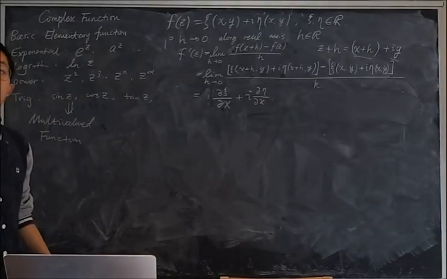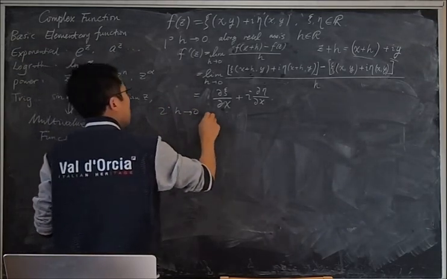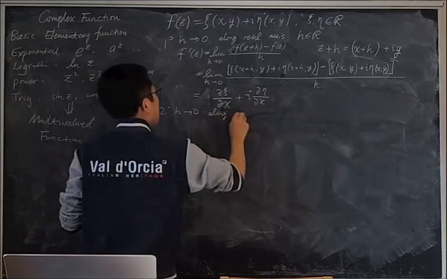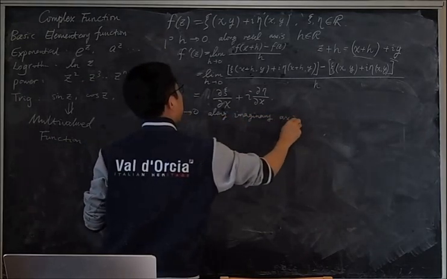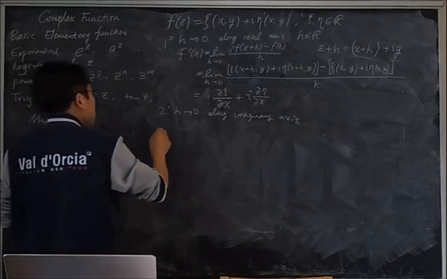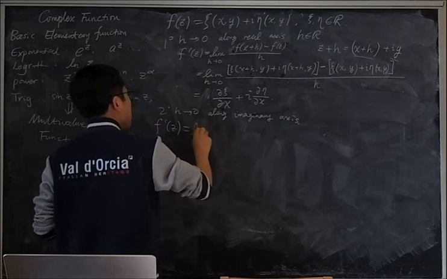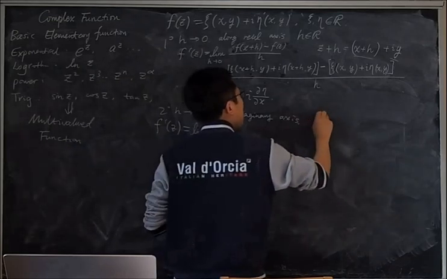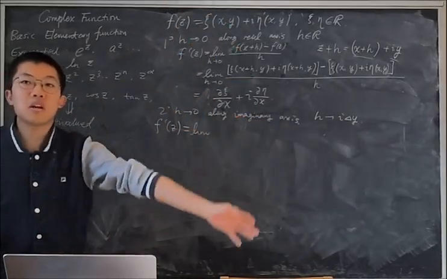Okay. So similarly, if I let h approach 0 along the imaginary axis, it's the same principle, right? I evaluate this derivative again. That's the limit of, this time I'll just write h equals I delta y, because it's the imaginary axis.